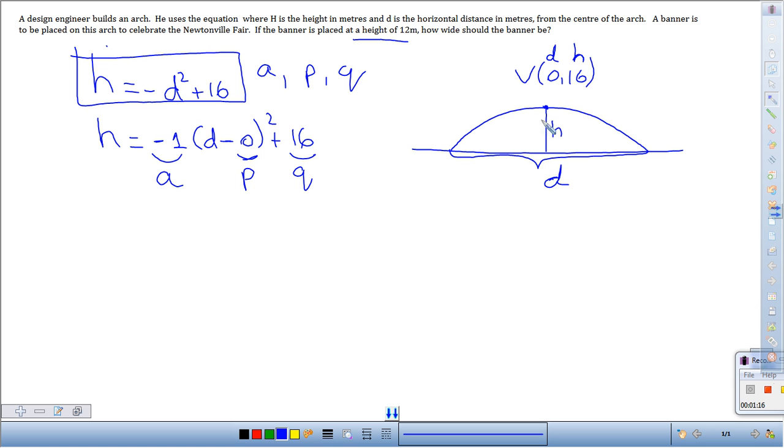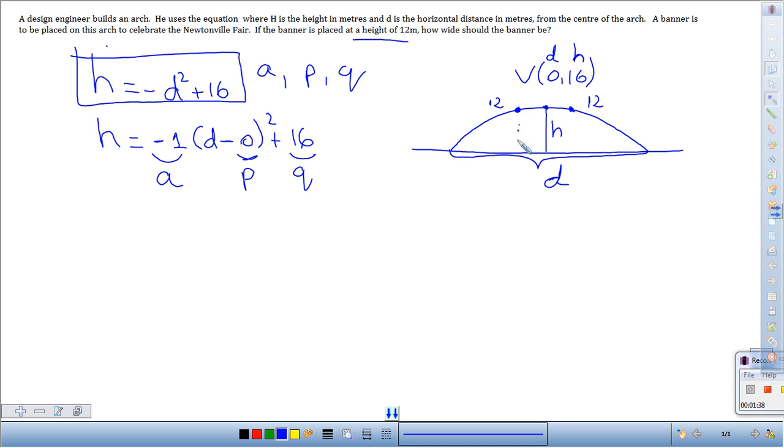Now, the banner will be placed at the height of 12 meters. And since we know that the parabola is symmetrical, that height of 12 meters will be met twice. Once on the left side of the center at 12 meters, and once on the right side of the center at 12 meters.